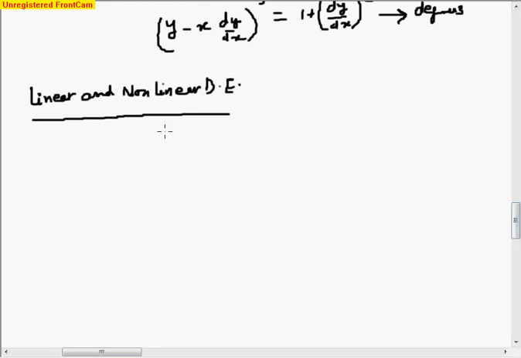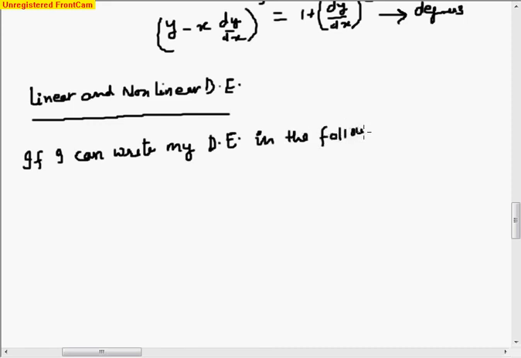If I can write my differential equation in the following form, which form?